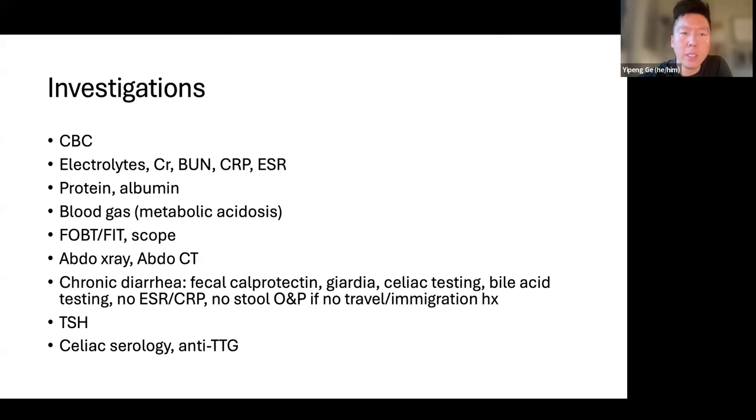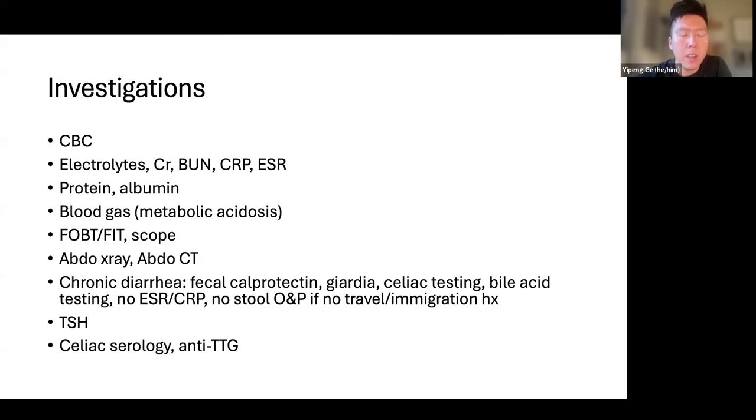You could also see a white cell count, which might indicate more of an infectious process. Electrolytes, creatinine, urea, inflammatory markers like CRP, ESR, protein, albumin, and blood gas to see how much they might be compensating for fluid and electrolyte losses from diarrhea.